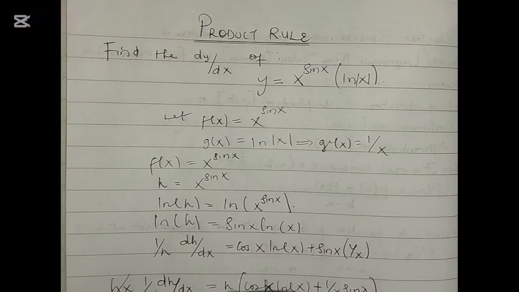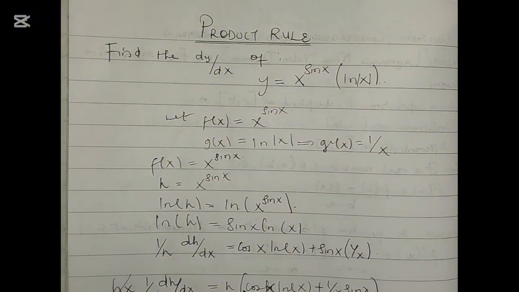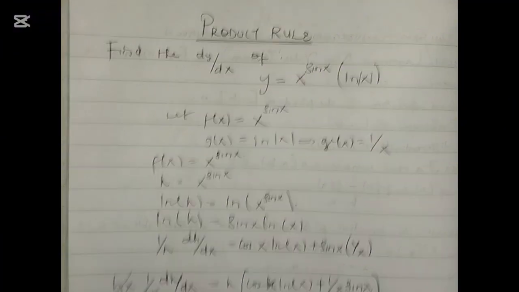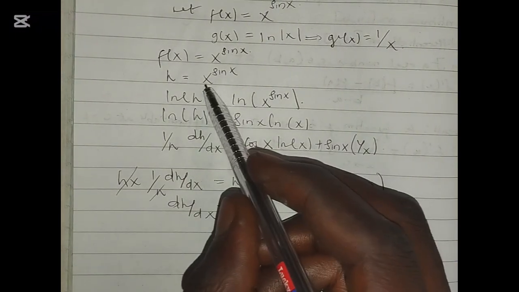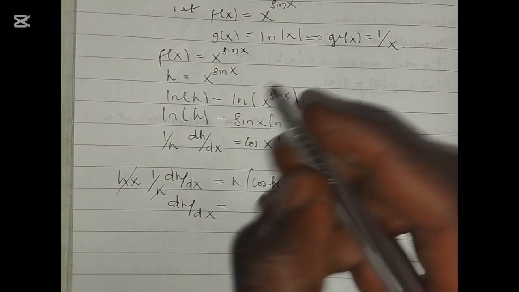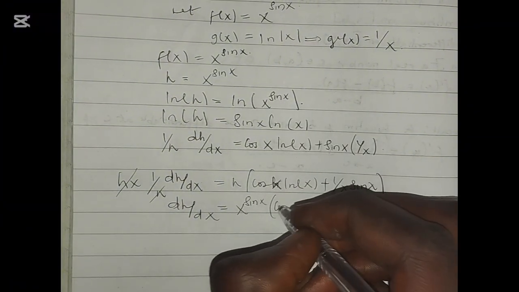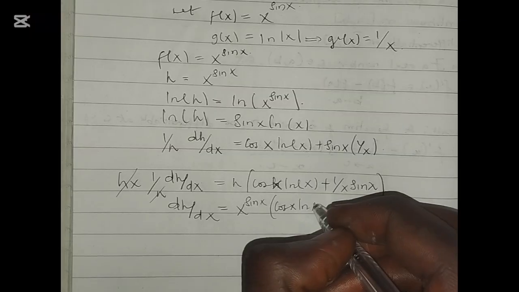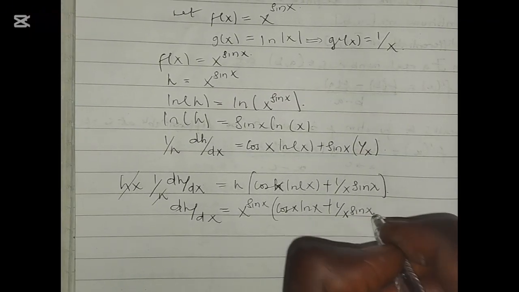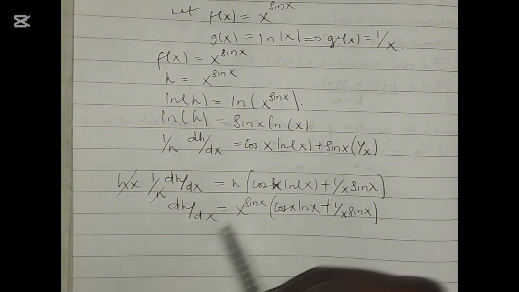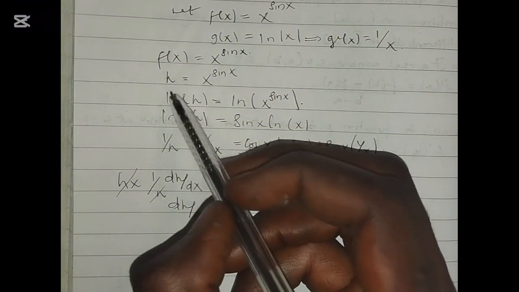And this cancels out. So we have h prime to be equal to, what's our h to begin with? Our h was x to the power of sine x. So we have x to the power of sine x into cosine of x ln x plus 1 over x sine of x. So now this is h prime, which is equal to this here.